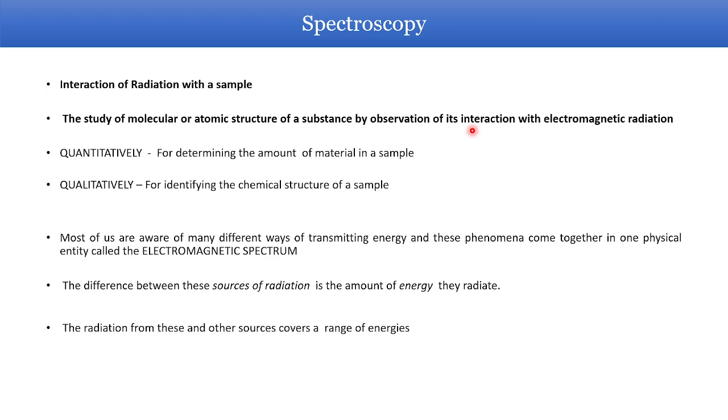When we speak of spectroscopy from a quantitative perspective, it is used for determining the amount of material in the sample, and qualitatively it indicates the identification of the chemical structure of the sample.